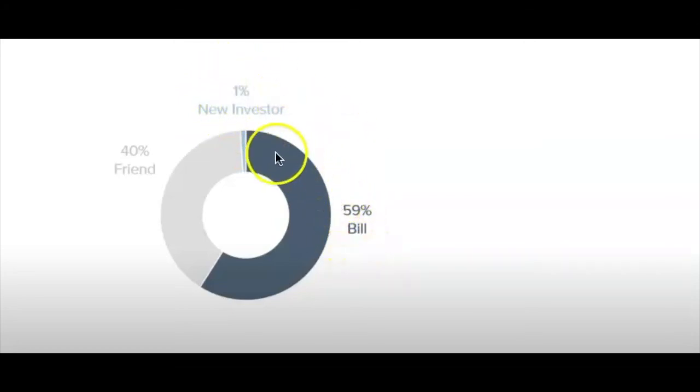So after you sold that to the investor, you got paid 20,000. That means you still own 59% of the company, and the new investor will own 1%, and your friend still owns 40% of the company, right? And that's the friend that you initially started investing with, that you raised money with. So that's basically how stocks work.